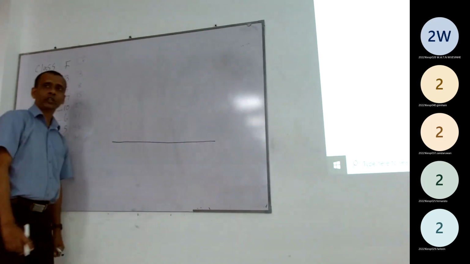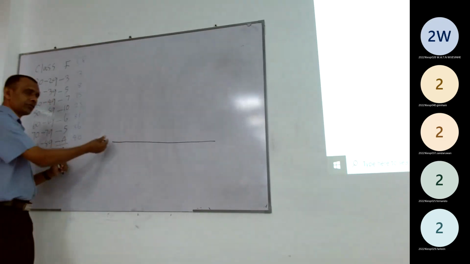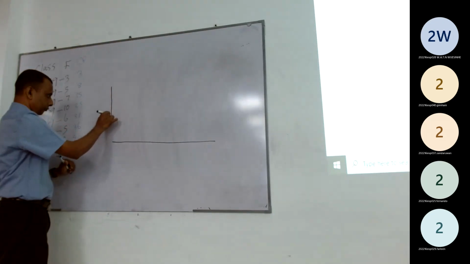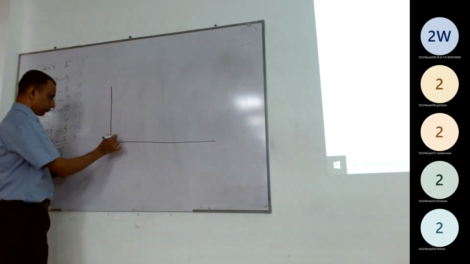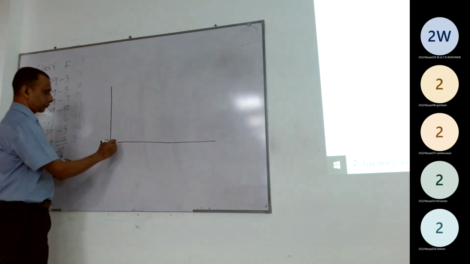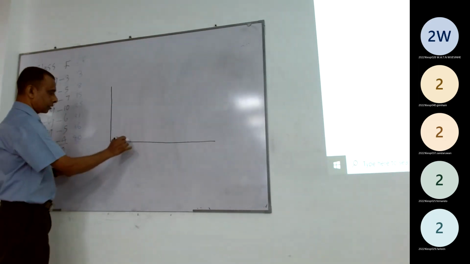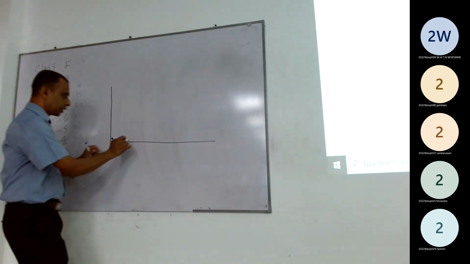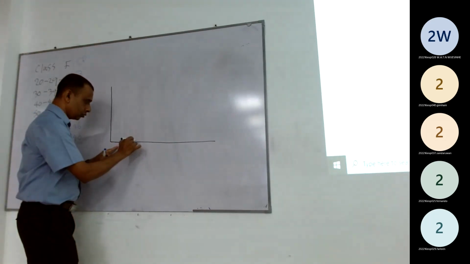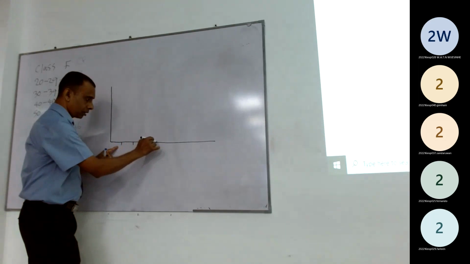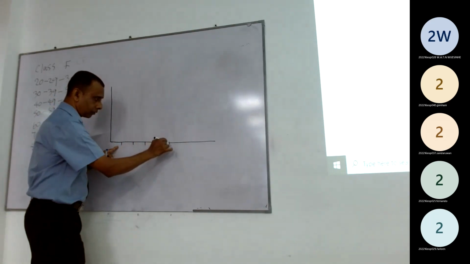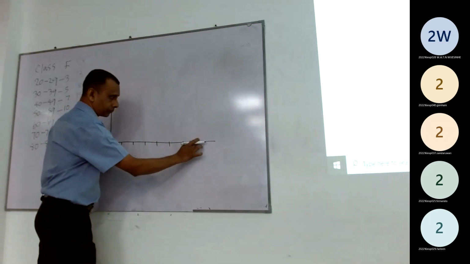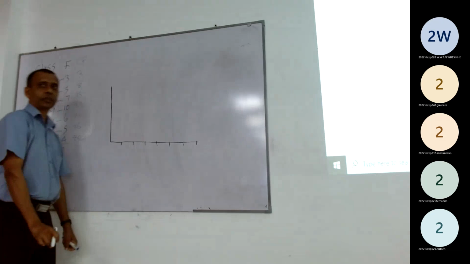Like in a histogram, no need to keep the scale from zero. You can start from the beginning. Right, I take 1, 2, 3, 4, 5, 6, 7.